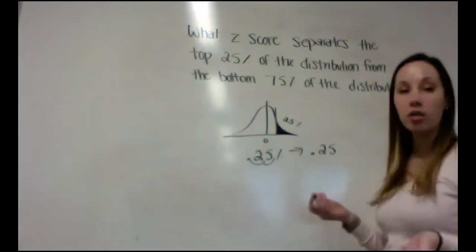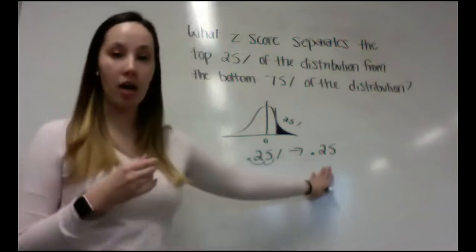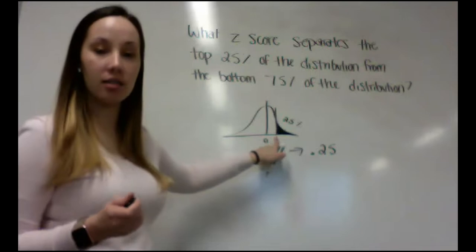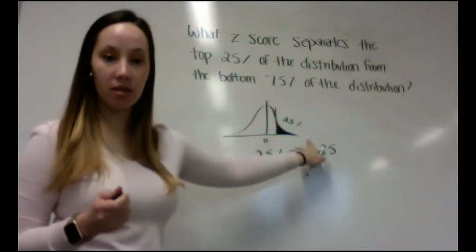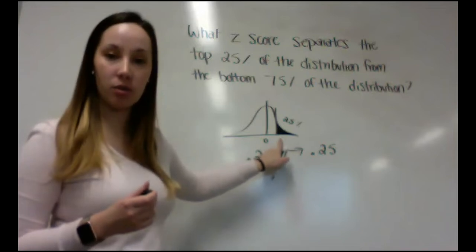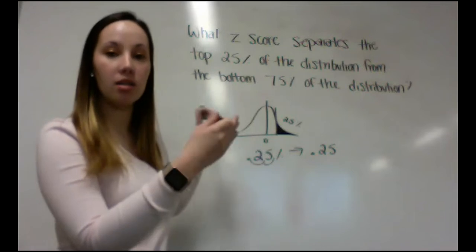So now the next question is, what column would we need to look for to find this value? Well, we're interested in the z-score that separates this from this. So we're looking at this shaded piece of the distribution. So when we're doing the ends of the distribution, we're always going to be working with the z to infinity.